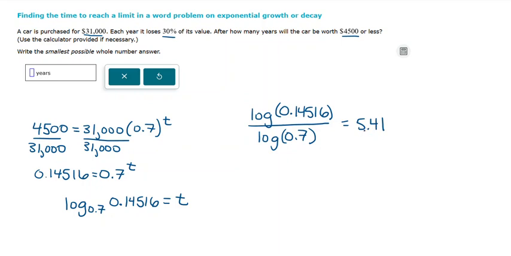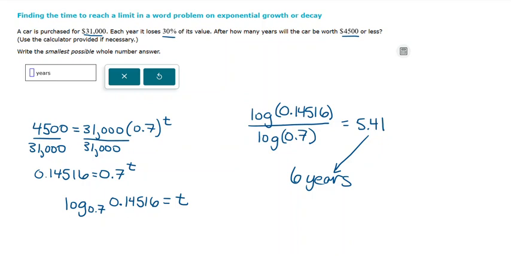In this case, if I have anything after the decimal point, it needs to round up to the next highest number, because that's going to be the first year that it's worth 4,500 or less. So my answer that I would enter here would need to be 6 years. So I need to always round up regardless of what that number after the decimal point is. So that's one method that you could use to solve the problem.